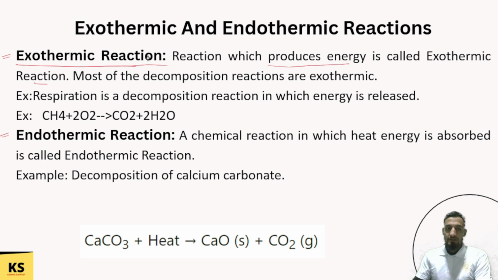That type of reactions are called exothermic reactions. For example, respiration. When the breakdown of food takes place in our body, respiration is a decomposition reaction in which energy is released.